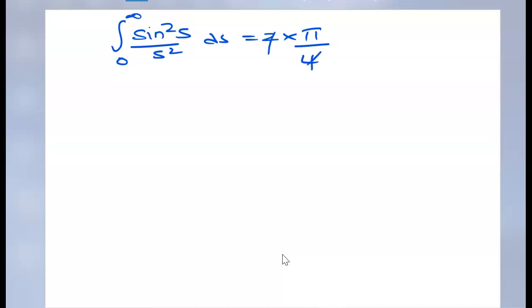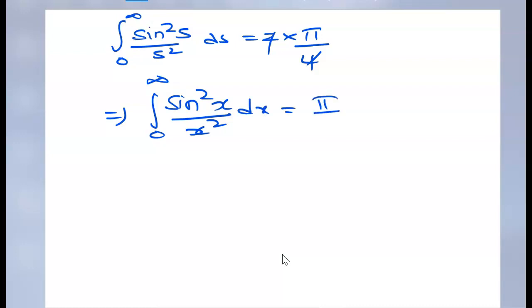I can cancel this with this and change the dummy variable. This is not mandatory: the integral from 0 to infinity of sine squared x divided by x squared dx. Instead of s, I am calling it x, that's it. The answer is pi by 2. This ends the problem. That's all. We will see in the next one how to proceed.